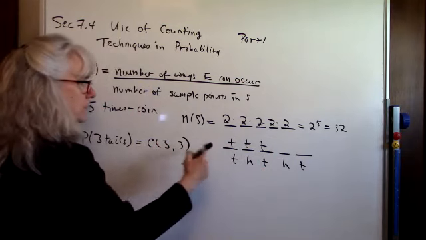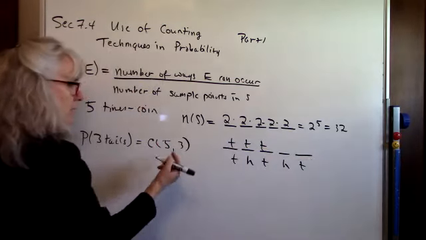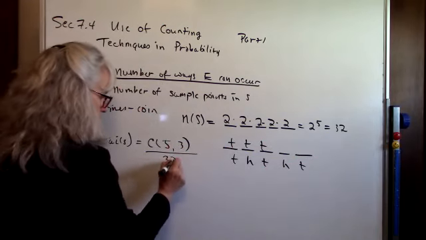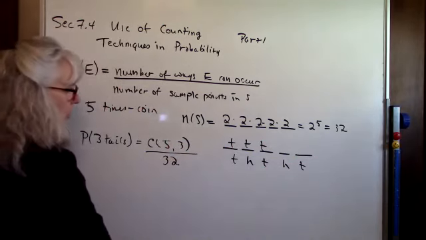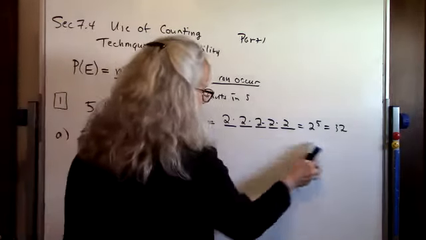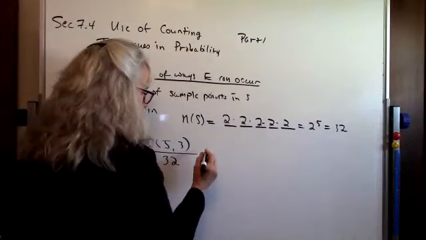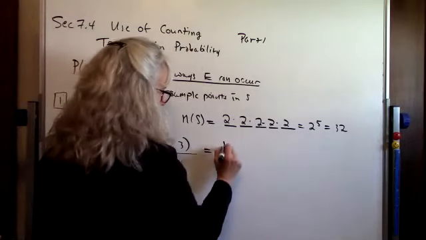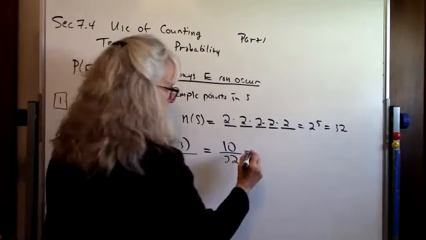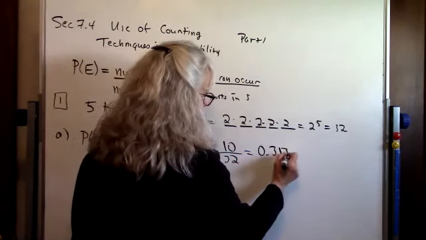Amongst the 5 positions, we want 3 of them to be our specified T. That's all over the 32. So the combination of 5 choose 3 comes out to be 10 over the 32 in the sample space, and that comes out to be 0.313.